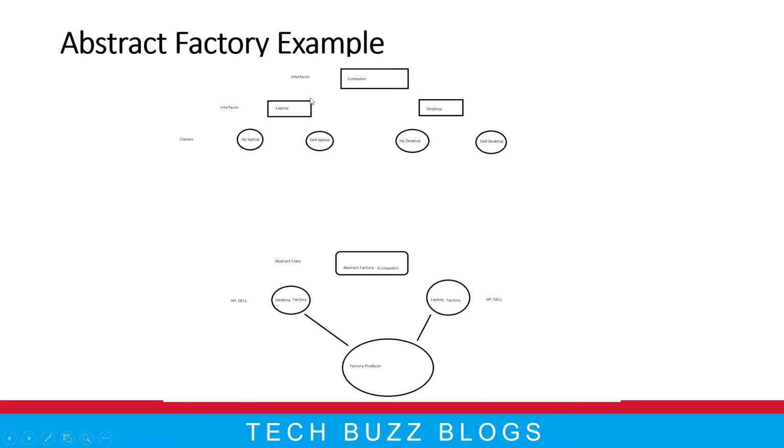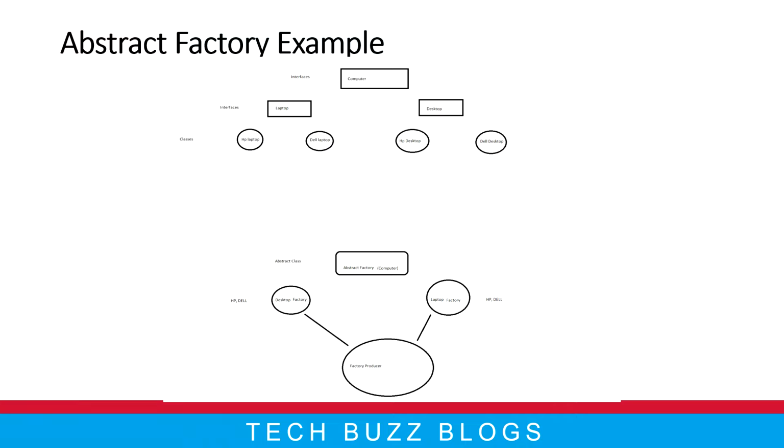Whenever you want to introduce a new product, that means a new class. If I am introducing an HP laptop, I need to create an interface for that first. Then Dell laptop may have Dell as well as HP, and in the same way desktop may have HP and Dell, that is also fine.